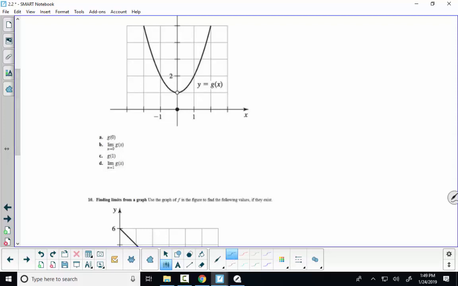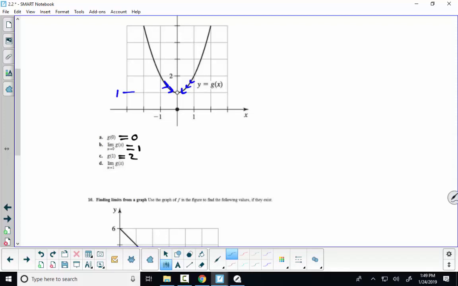Okay, so this function g, what's g of 0? 0. What's the limit as x approaches 0 on g of x? 1. So again, take note, that's a two-sided limit. As we approach an x value of 0, the y values get closer and closer to this value, which is 1. g of 1 equals 2.